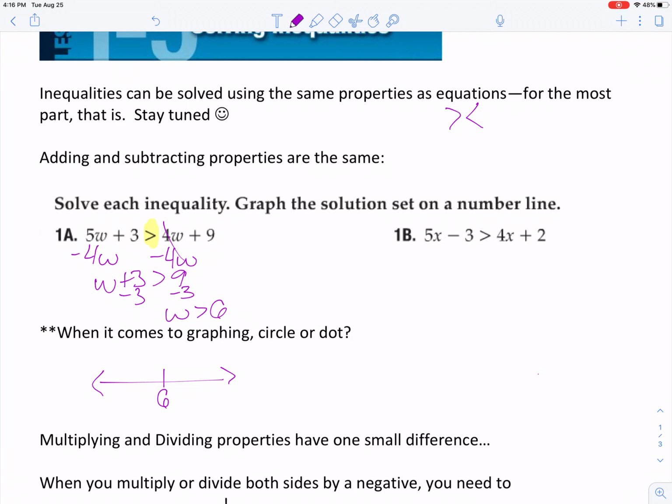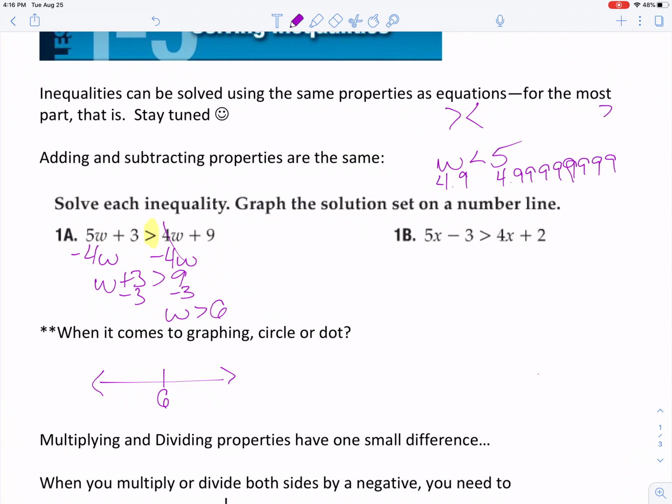So if I say that W is less than 5, that means W can be 4.9 and 4.999999999. So many nines I can't even write them all. But it's never going to actually equal 5.